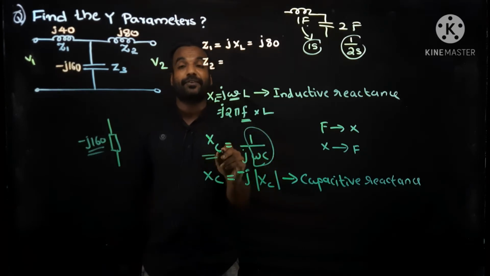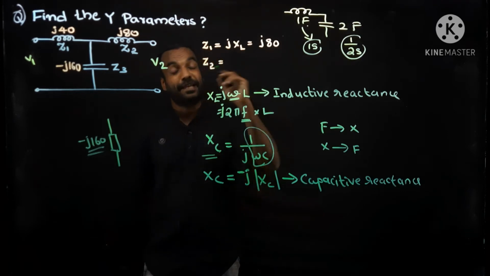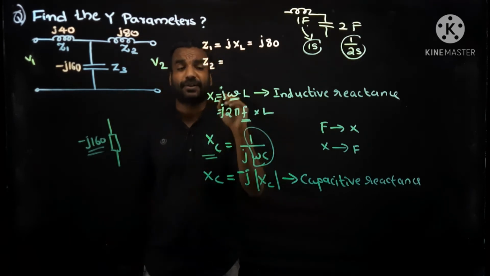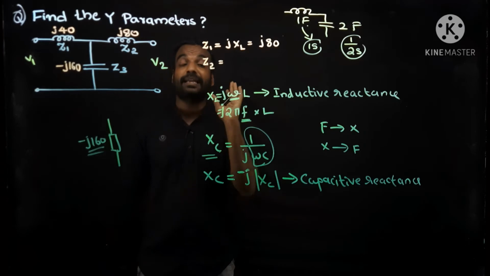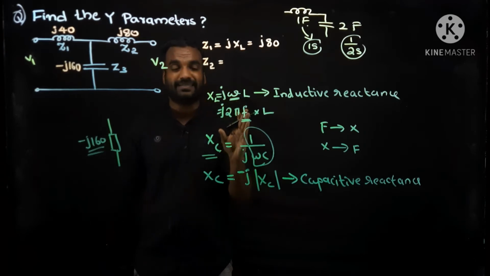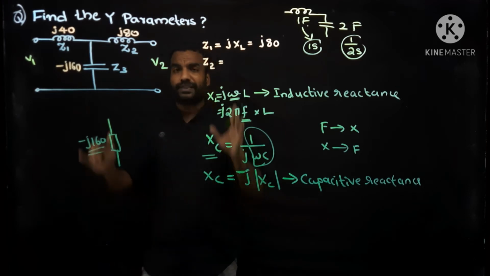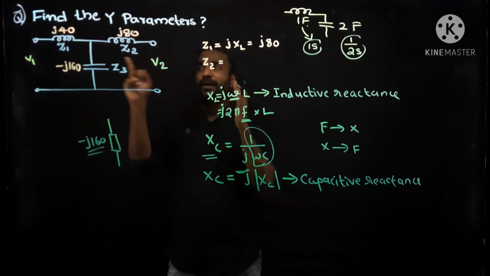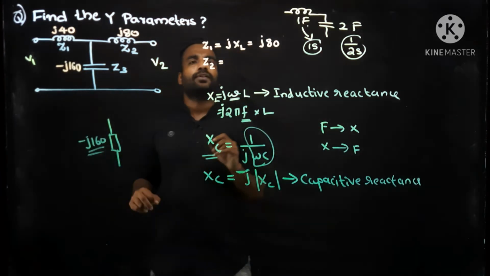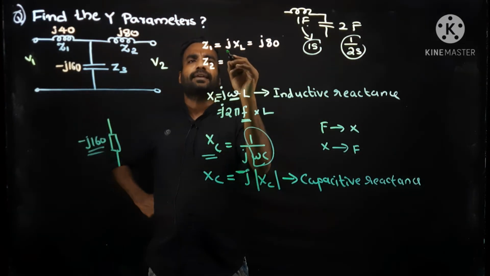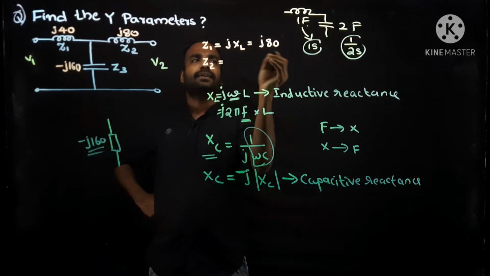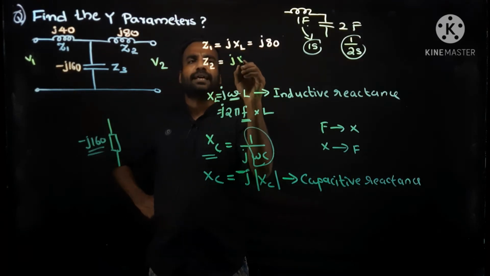The capacitive reactance equation is 1 by j omega C. The inductive reactance equation is j omega L, so minus j will never come in XL. But in XC, if you add the j term, it will definitely be negative j. You have to keep these things in mind before attending this problem. So first of all, let me write the given data. Z1 is JXL, J80, Z2 is also in JXL form.